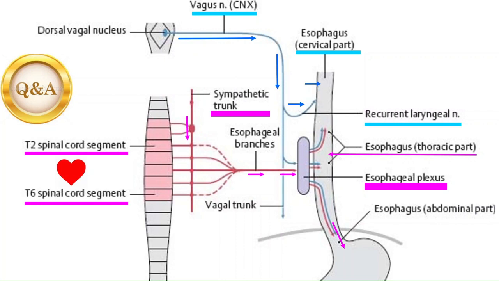Then the same plexus is going to supply the lower part of the esophagus even down to the stomach. That is the sympathetic part.